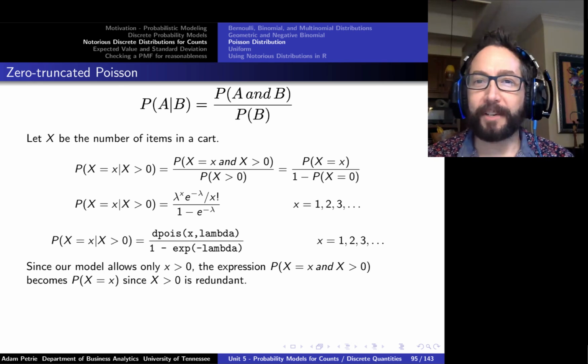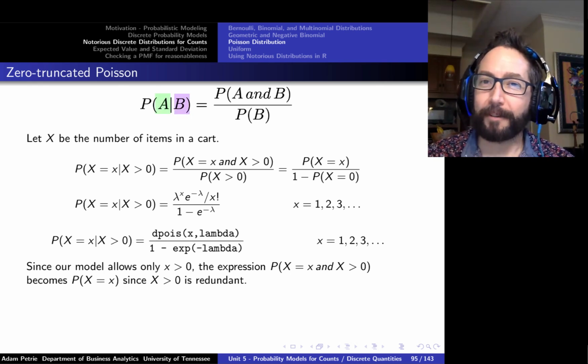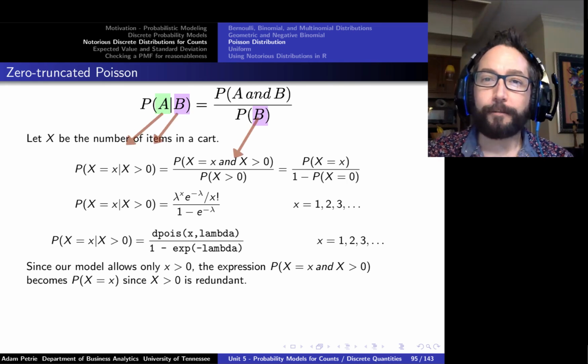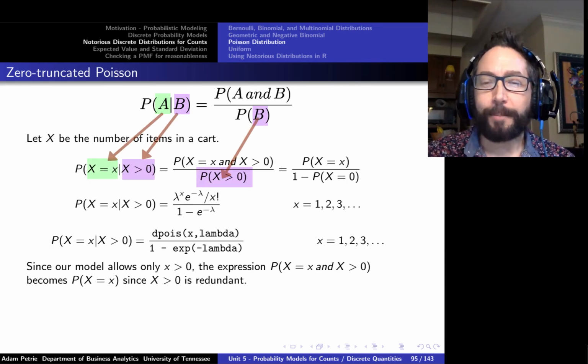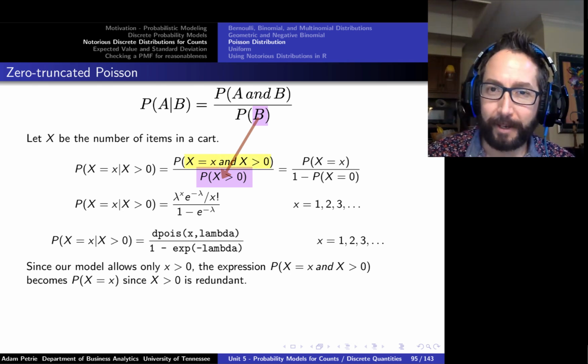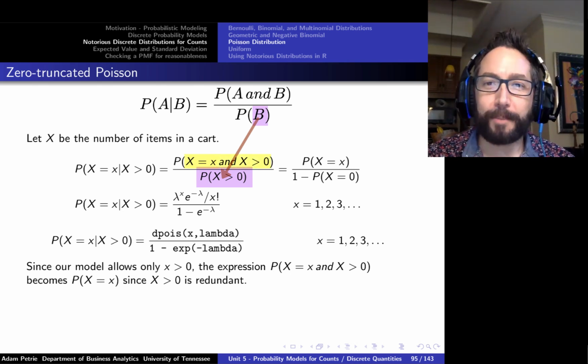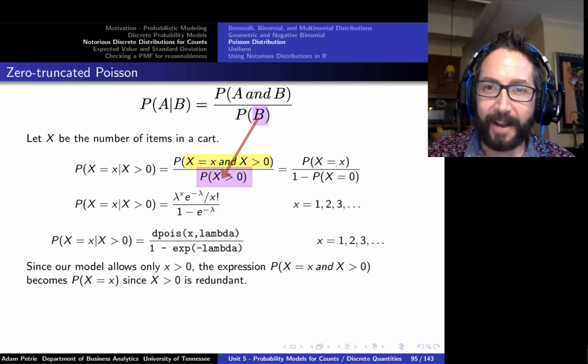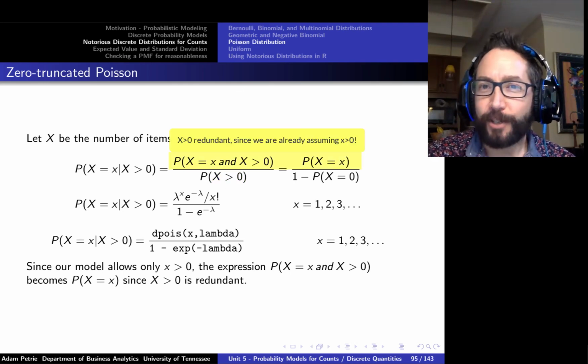Well, the probability of A given B is the probability of both divided by the probability of the event that we're conditioning on. So we can rewrite that probability as the probability of observing exactly little x and x being bigger than 0, divided by the probability that the number of items would be bigger than 0 here. And if we think about it, those two conditions in the numerator are redundant.